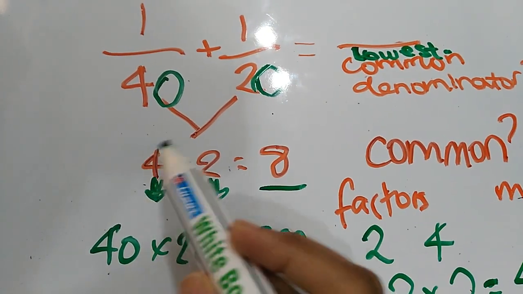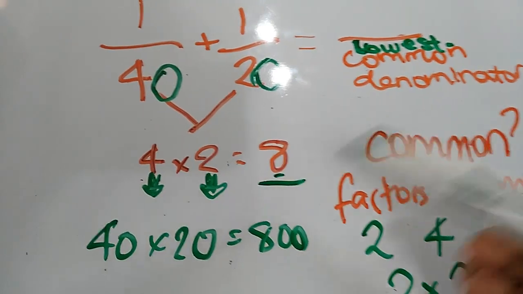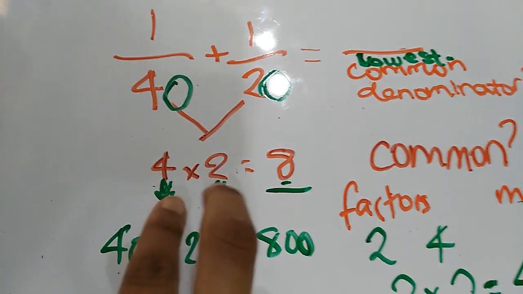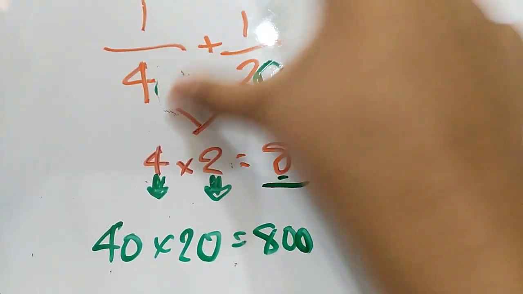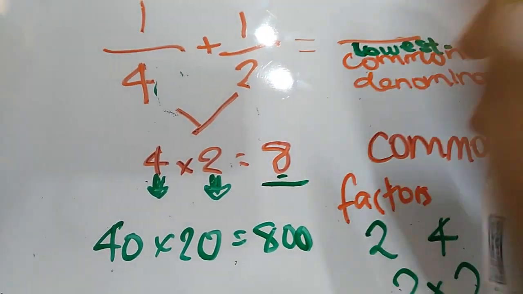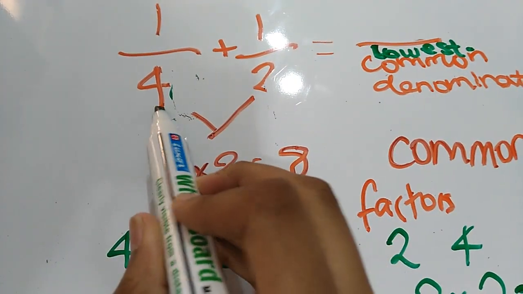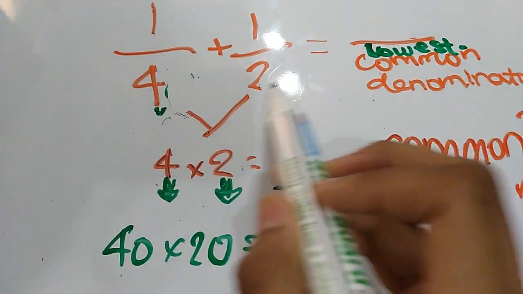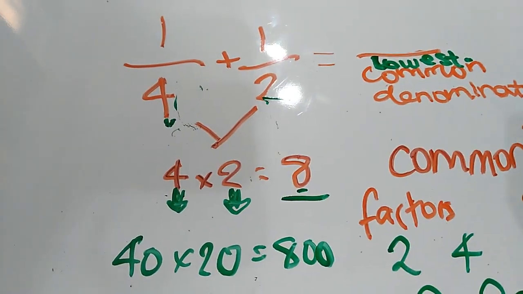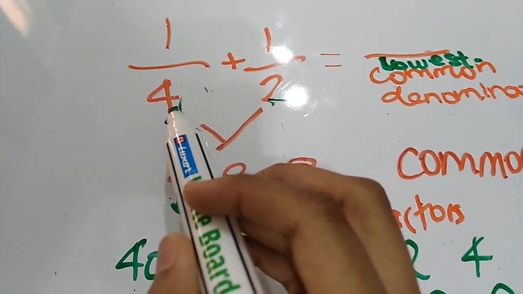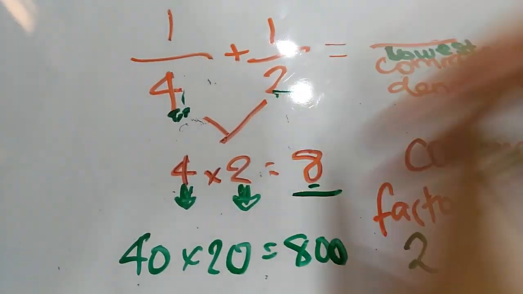So in situations like this, because it's small, you can just multiply it through together. But if you actually look at these two numbers, 4 and 2, you can see that the lowest common denominator would actually be 4, because 4 times 1 is 4, and 2 times 2 is 4. So 4 is a multiple of 4 and 2.